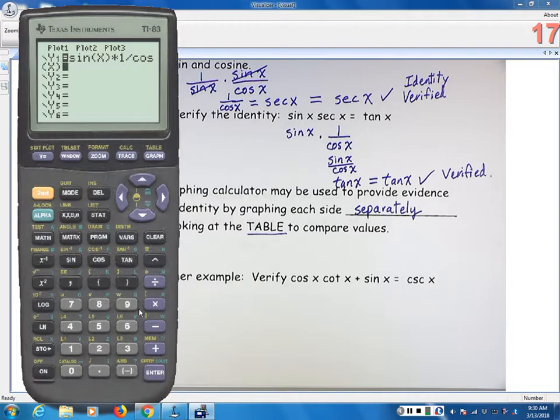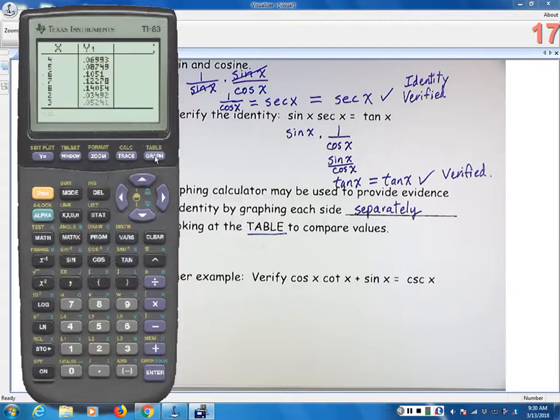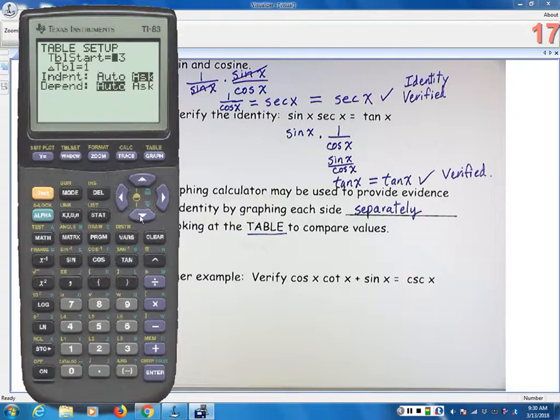Okay, and then you can go to second table. Make sure it's set up in automatic mode. Let me put the other one in. Just put tangent of x in. Does it matter what mode we're in here?